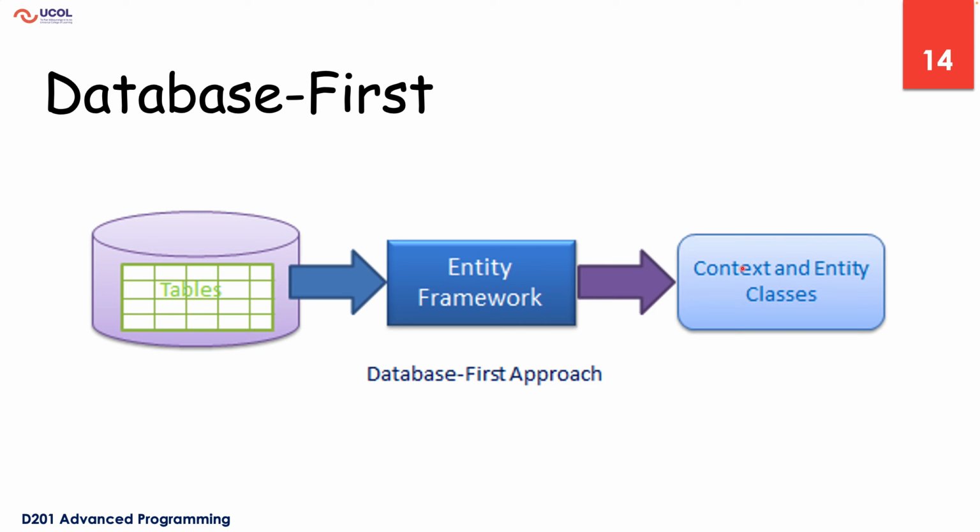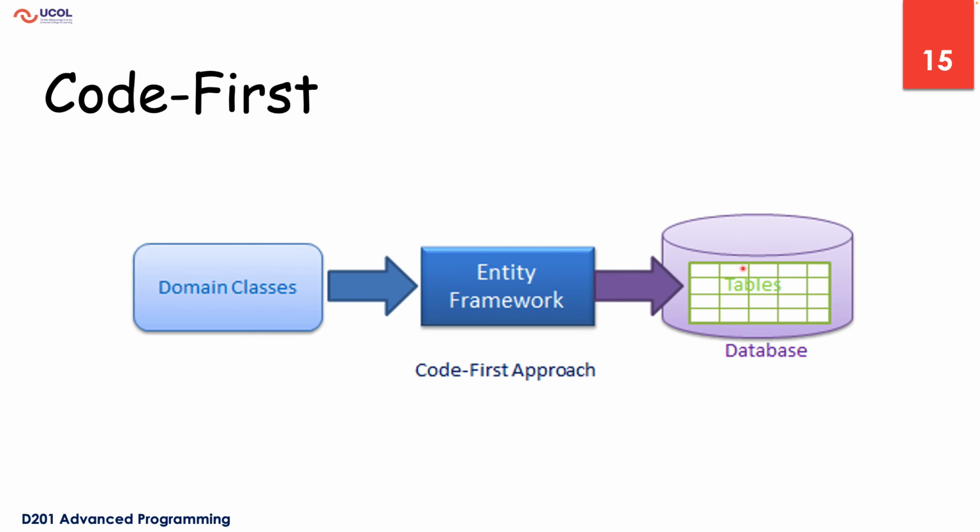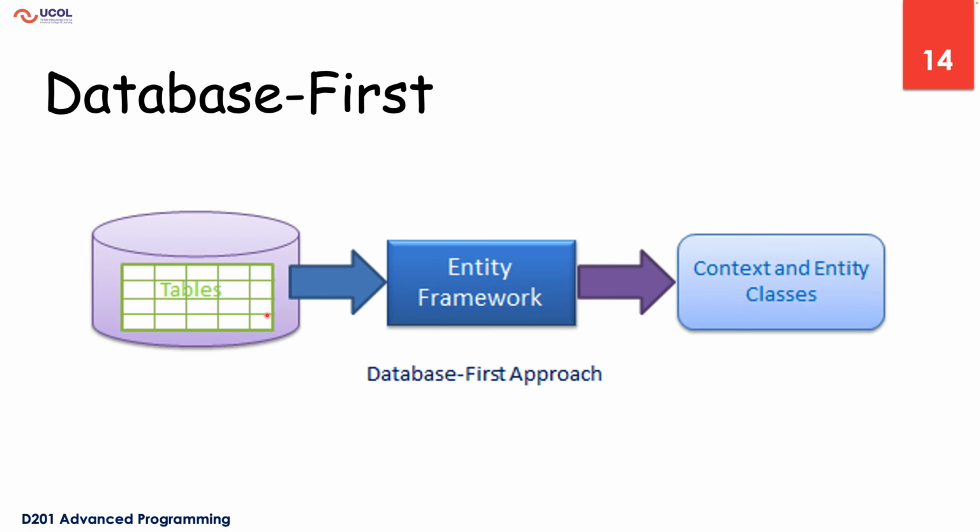So that is one way to develop database applications within C#. The second one is that we define the domain classes. That is going to be discussed in today's lecture, and the first one we are going to discuss in the next lecture.